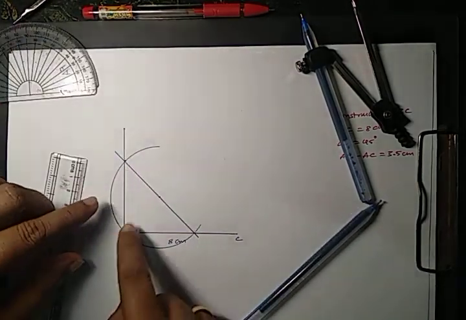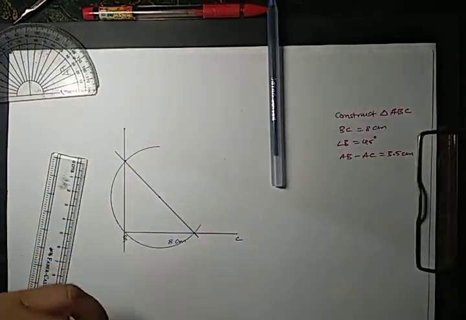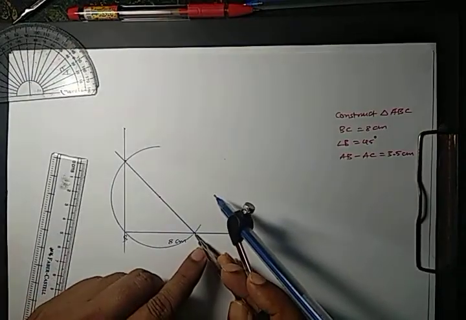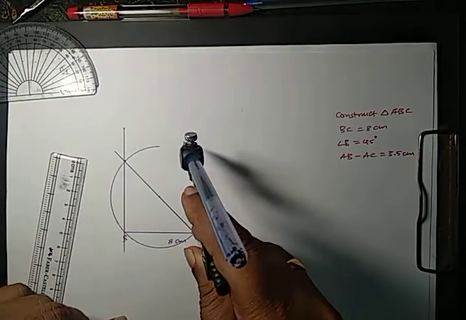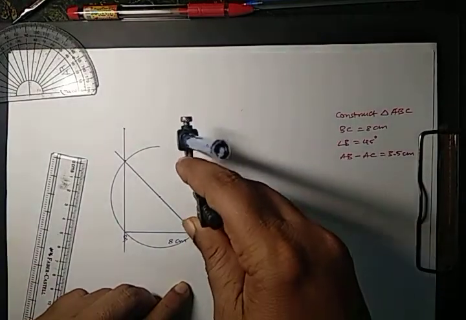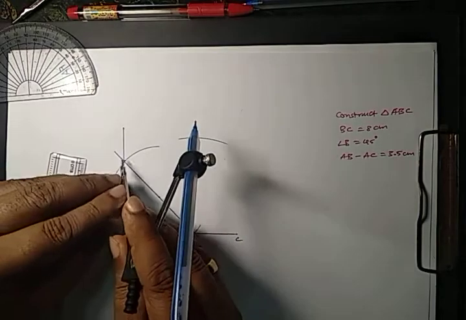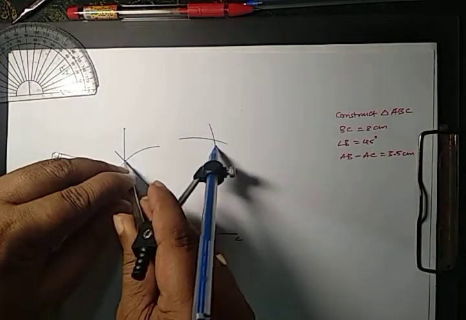Next, I need to take 45 degree at this place. So for that I keep it here, take a cut like that, then here also I keep it and make a cut.